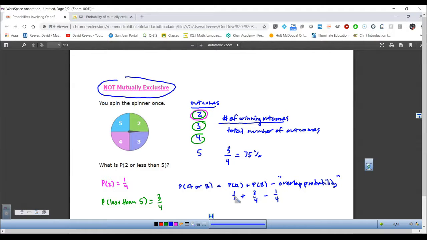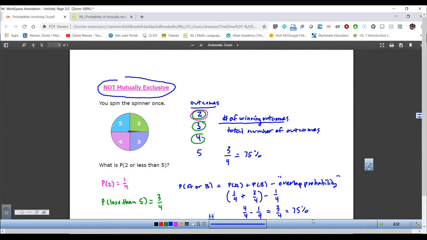So we have these two added together, just like we did when they were mutually exclusive, and you get 4 out of 4, like we said earlier. Well, that would guarantee you a win, right? But what are we going to do? We're going to take away that overlap one, and that gets us back to 3 out of 4, or 75%.